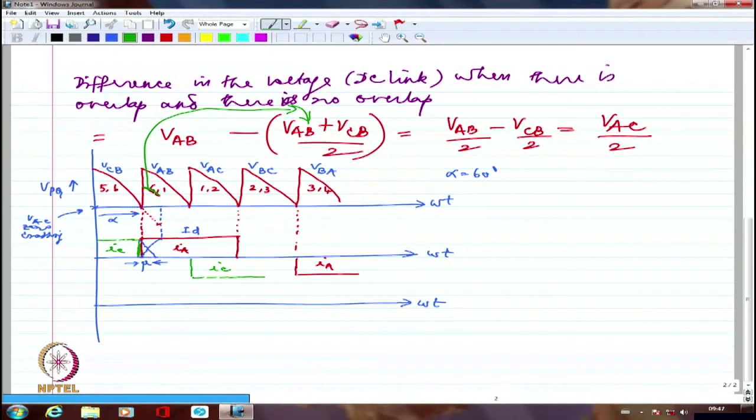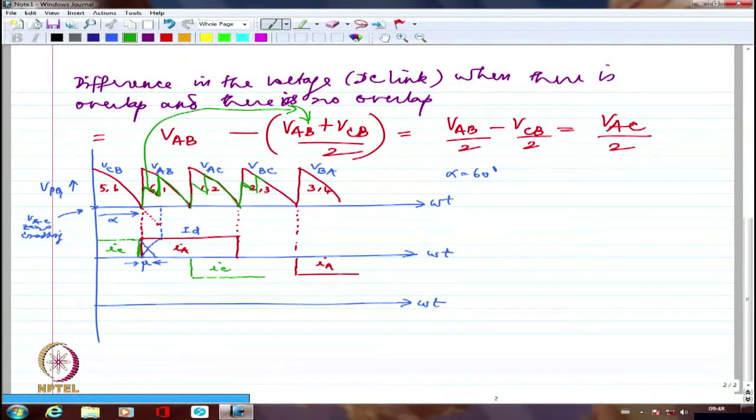So my voltage waveform is, rather than going to have a single strip, it is going to have some wave shape like this. Similarly, I am going to have a wave shape like this. And again I am going to have a wave shape like this, and so on. You get my point? So I am going to have a reduction in the DC link voltage, and how much the reduction is, is given by this particular area.